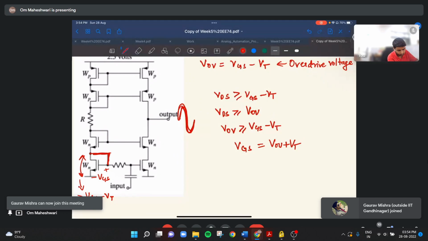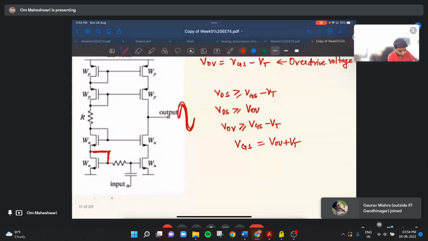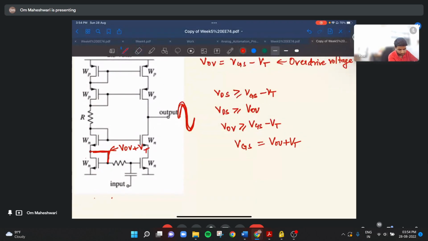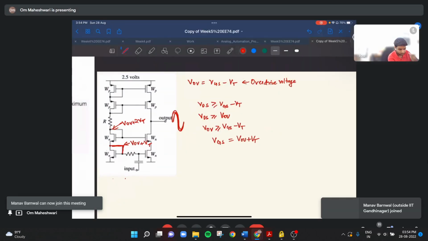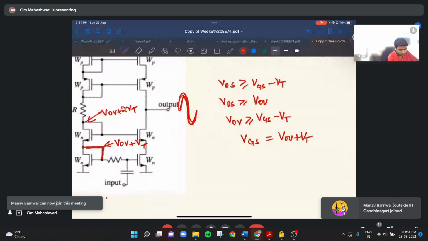Let me erase this. The voltage here is VOV plus VT. Similarly, we will need a similar voltage here, so it will be VOV plus 2VT. Right, sir has also taught this in the video. I'm just reiterating it.